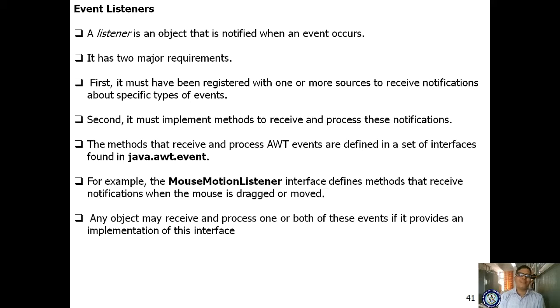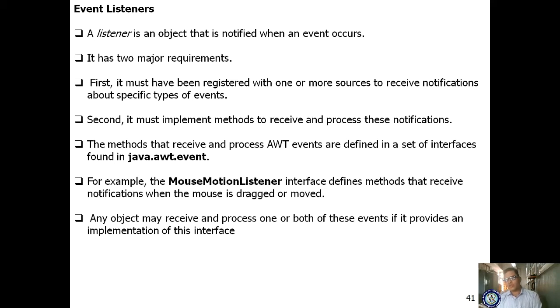The methods that receive and process AWT events are defined in a set of interfaces found in java.awt.event. Whatever methods you use for receiving and processing are defined in these interfaces. For example, the MouseMotionListener interface defines methods that receive notification when the mouse is dragged or moved.